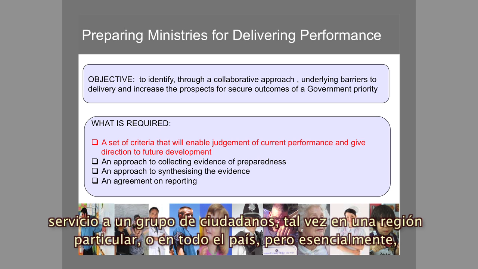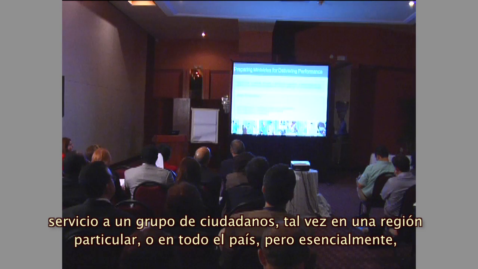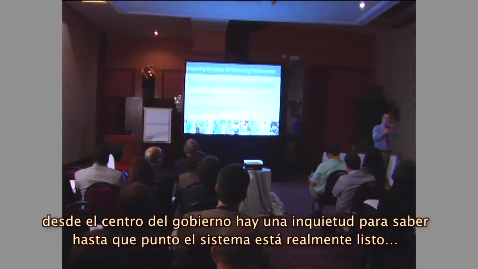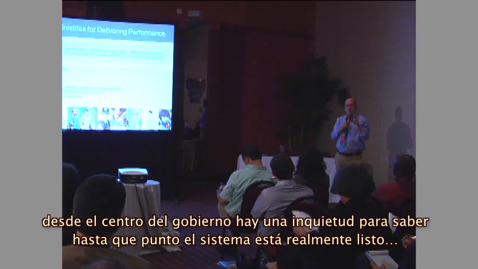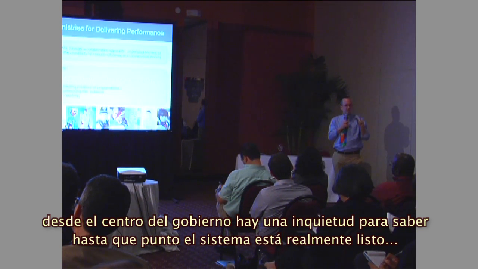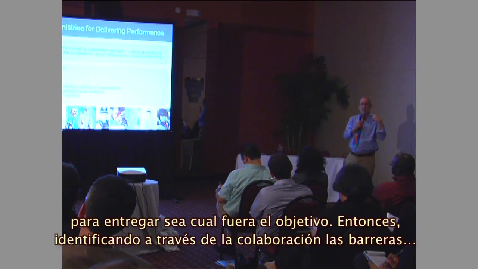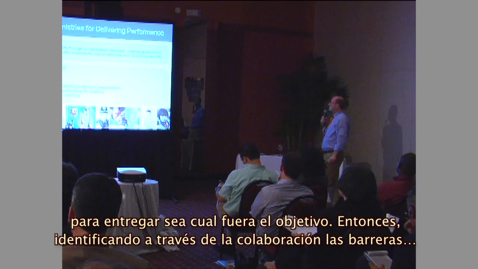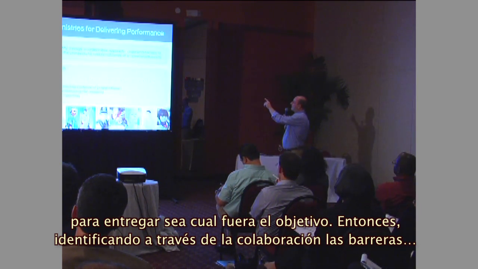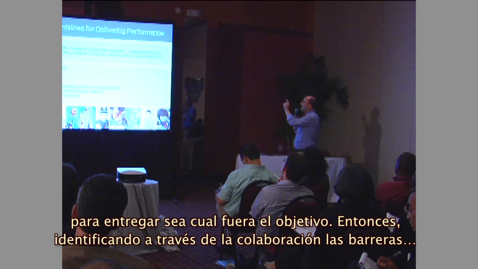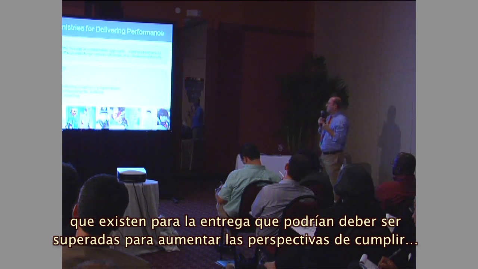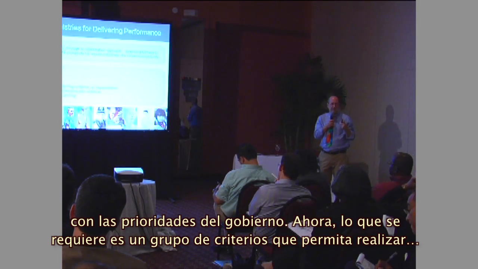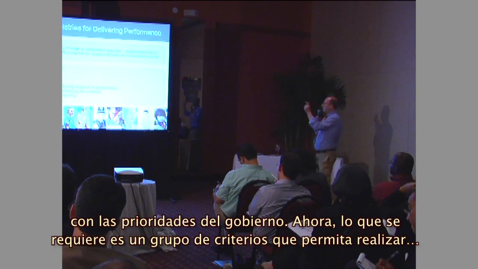It might be in a particular region, it might be across the country as a whole, but essentially you have, from the center of government, a concern about the extent to which the system is actually ready for the delivery of whatever that ambition is. So it's about identifying through collaboration the underlying barriers to delivery, which might increase the prospects to secure your government's priorities.